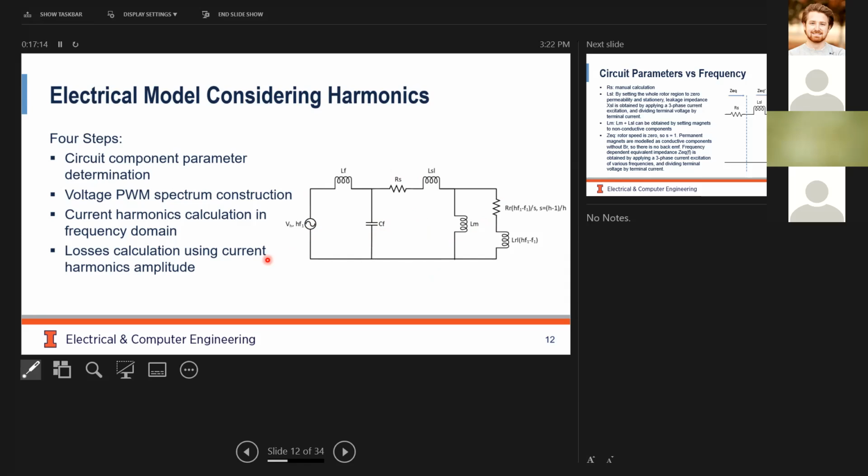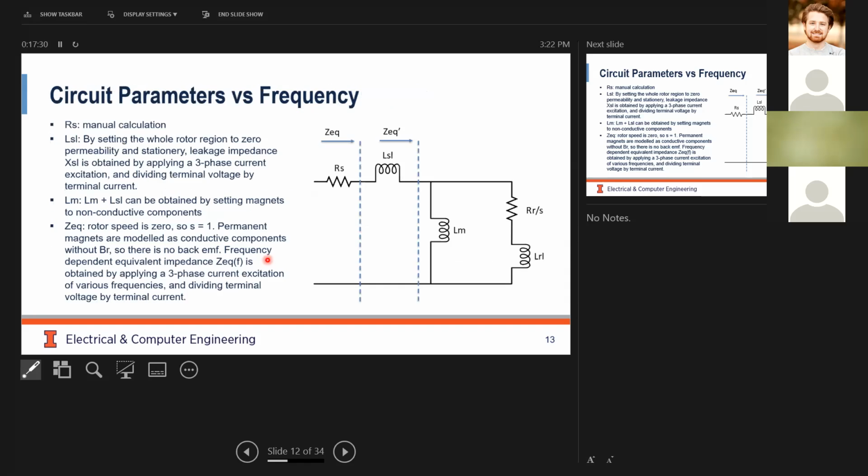We can also use that current spectrum to calculate the different losses corresponding to those harmonics. These losses will include iron losses and copper losses, as well as permanent magnet eddy current losses.